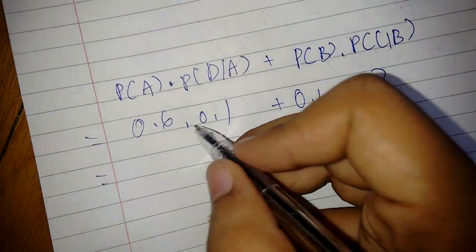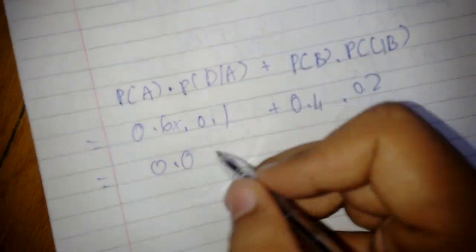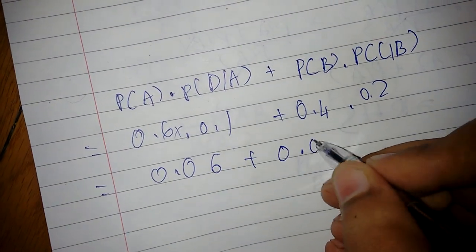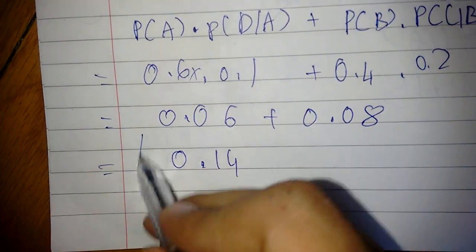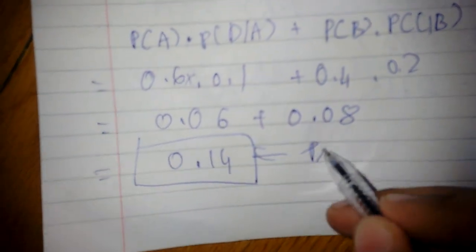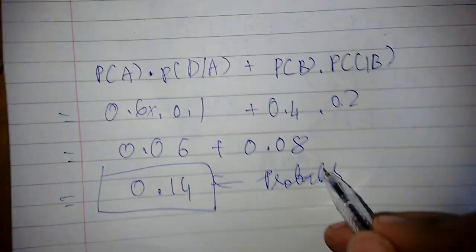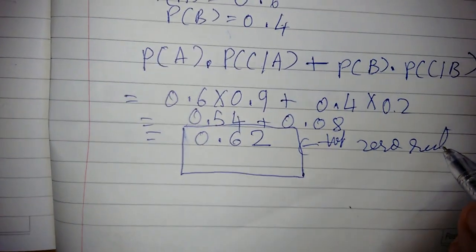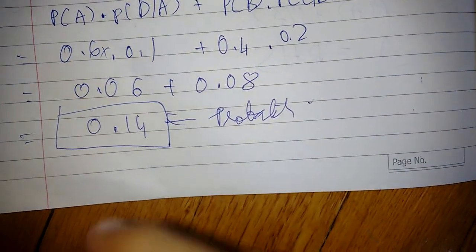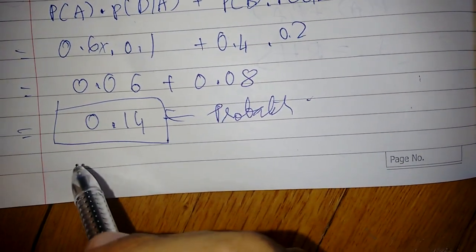So multiplying these and adding them up we get 0.14, which is the probability of error. So the answers are 0.62 for the first question, whenever 0 is received, and 0.14 for the second question, whenever an error occurs. Thank you.